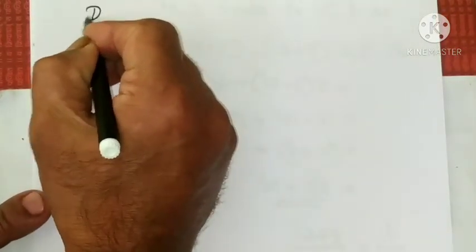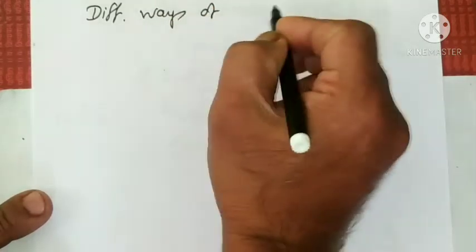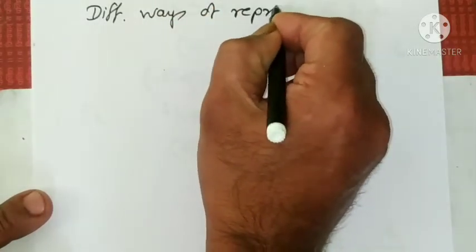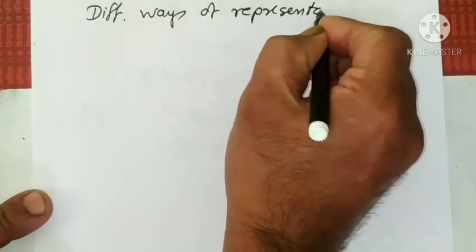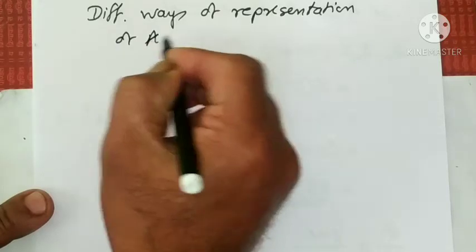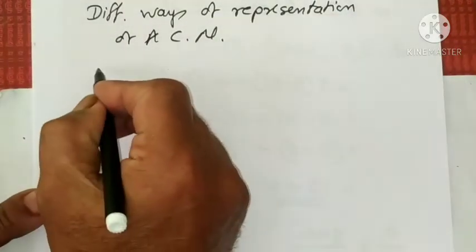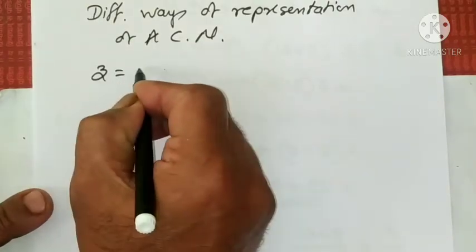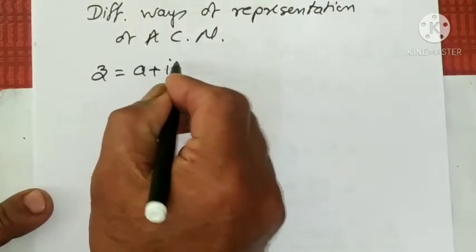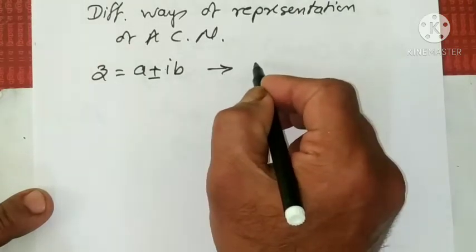Different ways of representation of complex number. Z is equal to a plus or minus ib is known as Cartesian form.